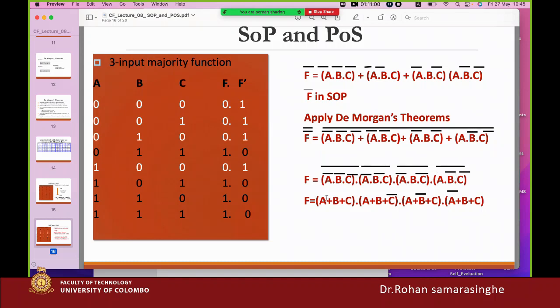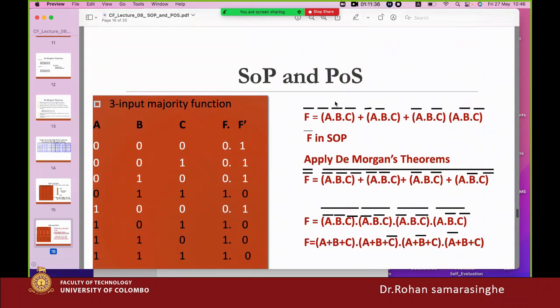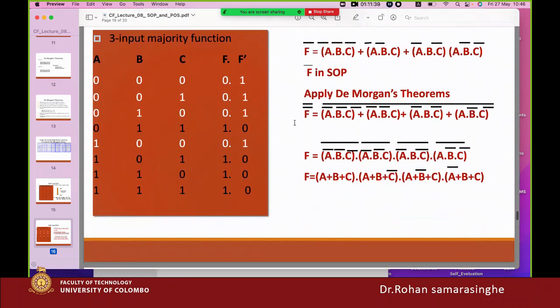Then once again, when you apply the De Morgan theorem, break the bar, change the operator, A double bar plus B double bar plus C double bar, where A double bar is A, B double bar is B, and C double bar is C. Likewise you can get A, B, C. So by applying the De Morgan theorem 2 times, you can get the product of sum.